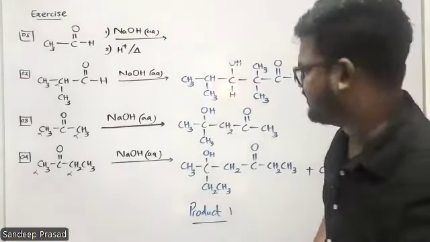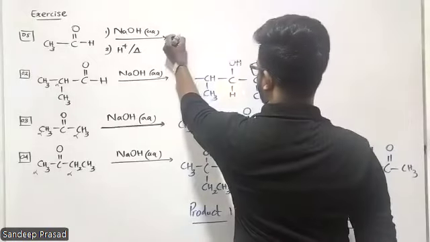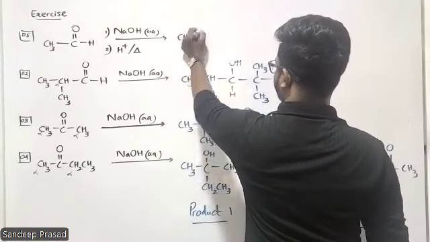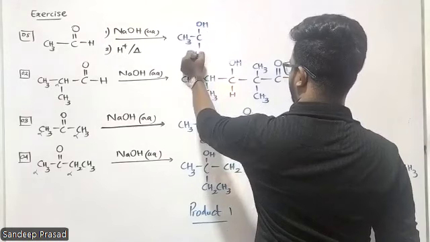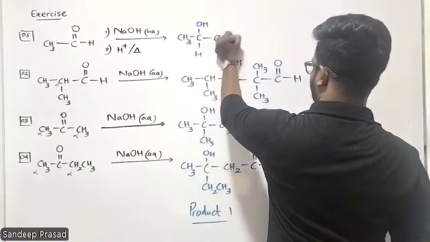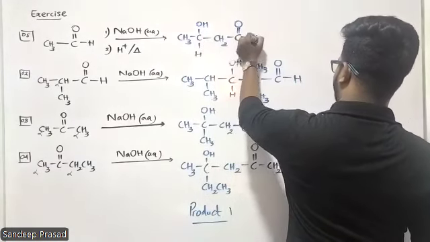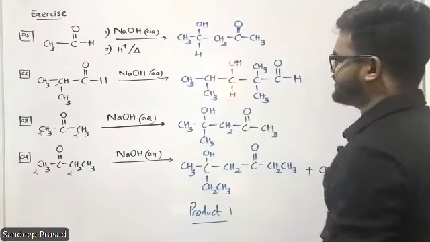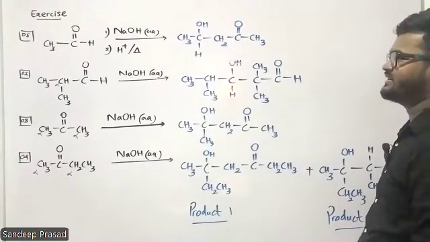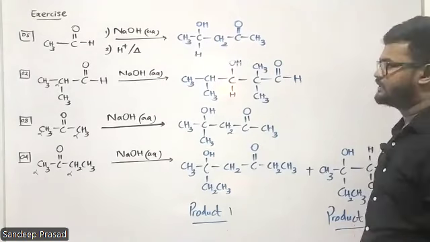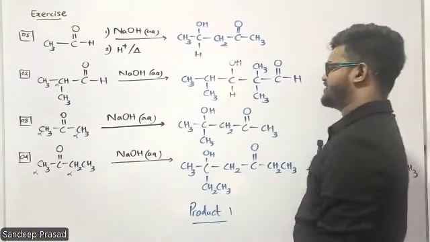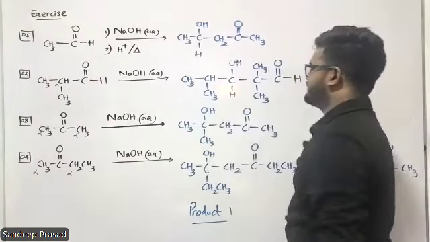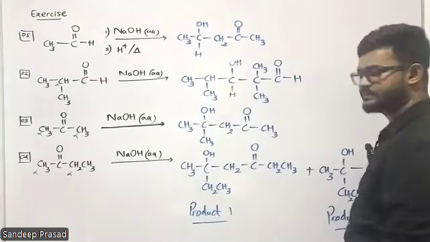First of all, we know that according to the condensation reaction, CH3, CHOH, CH2, C double bond O, CH3 is produced. And then H plus and heat, this is actually dehydration, right? So after addition of H plus and heat, the dehydration reaction will take place.